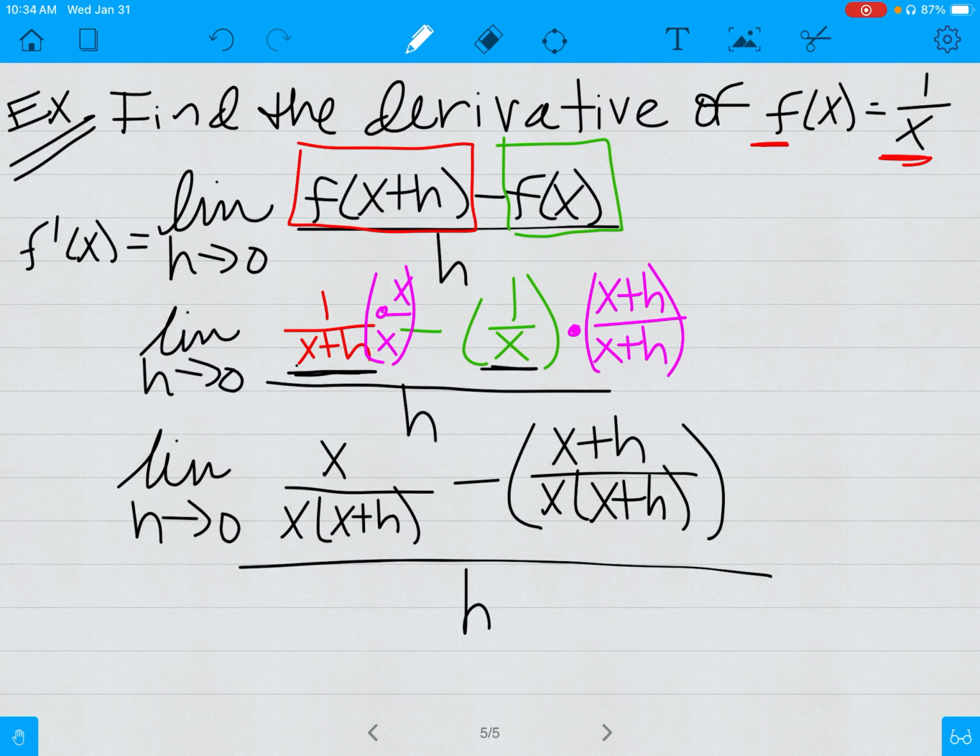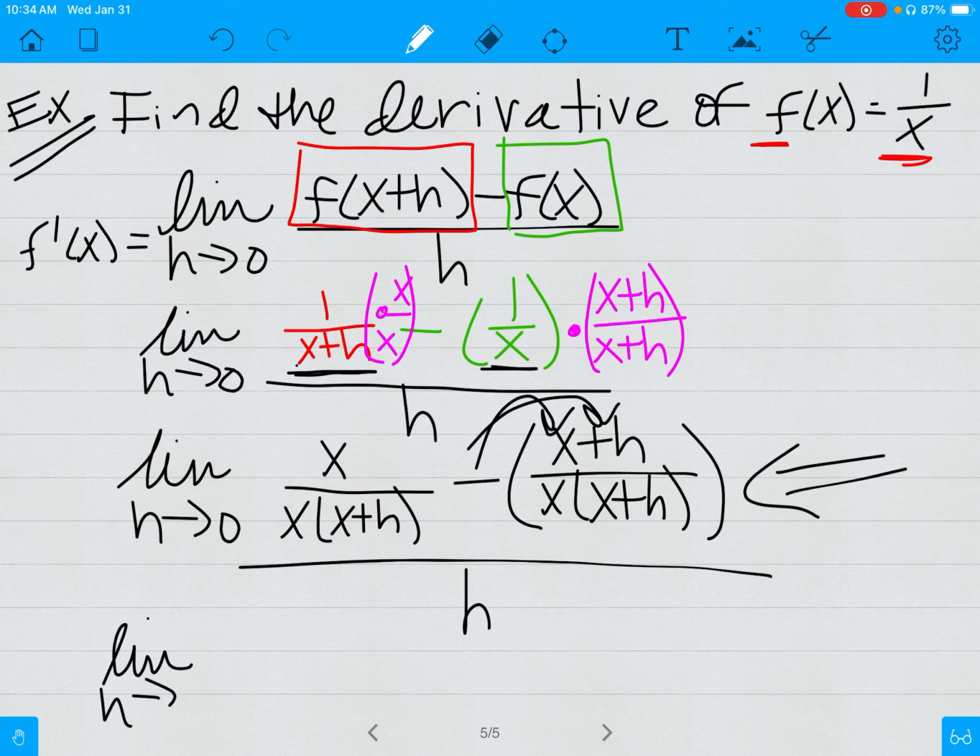Okay, so at this point, what we're going to do is we can combine these fractions now because they have a common denominator. And we do that by, when we're subtracting fractions, we subtract the numerators and we keep the denominator. And here, subtracting the numerators is going to involve distributing that negative.